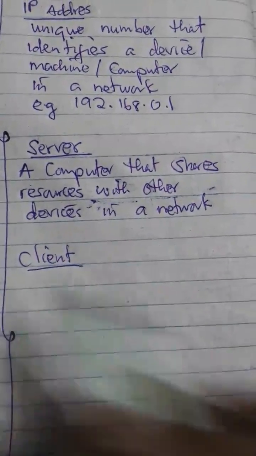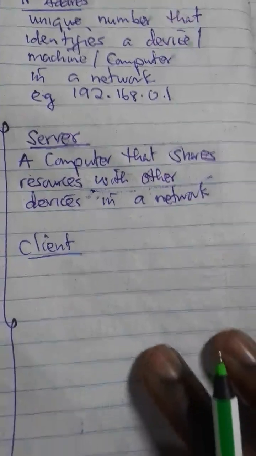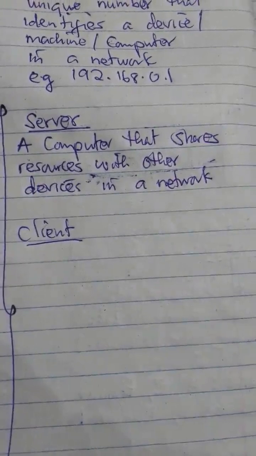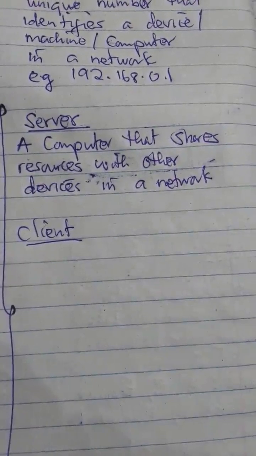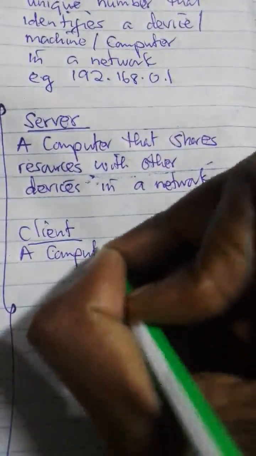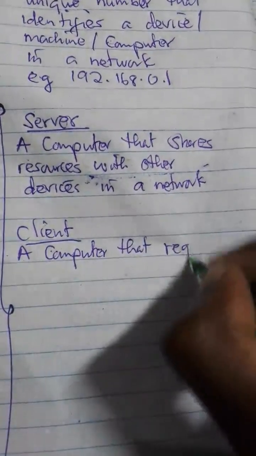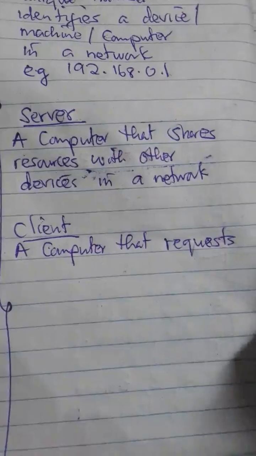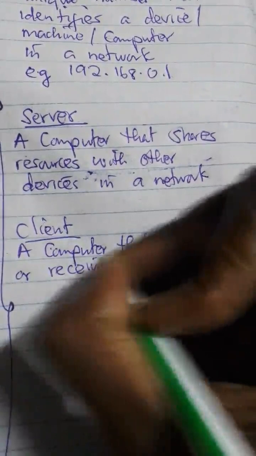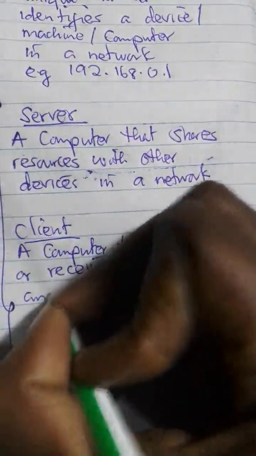Okay, so a server is a computer that shares resources with other devices in a network. And what is a client? A client is simply a computer that receives files from a server. Okay, simply a computer or device that requests or receives files from another computer.